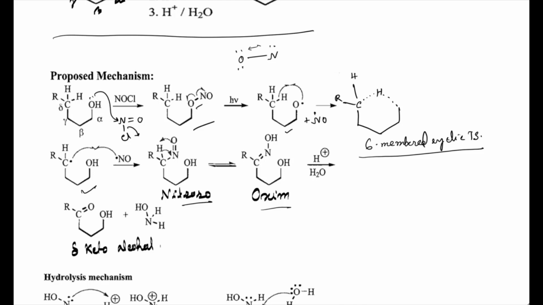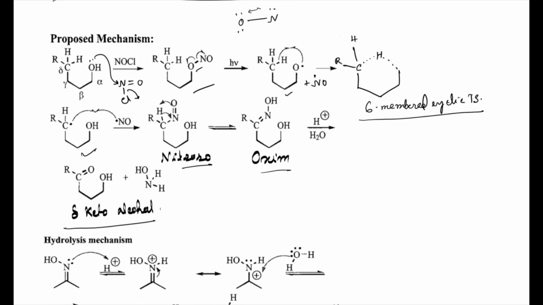Now this oxime, treated with dilute acid, gives the corresponding carbonyl compound, that is a gamma carbonyl alcohol, which is our product. If it is a ketoxime, then the keto alcohol will be formed, and if it is an aldoxime, then the aldehyde alcohol will be formed.